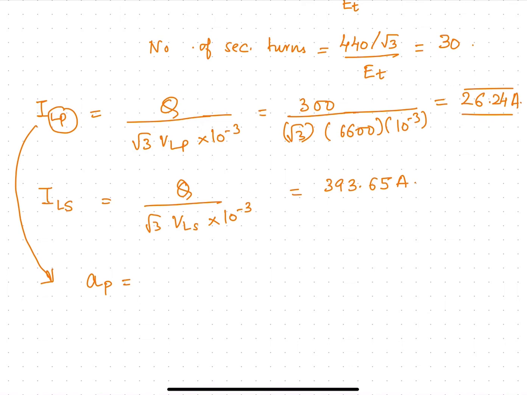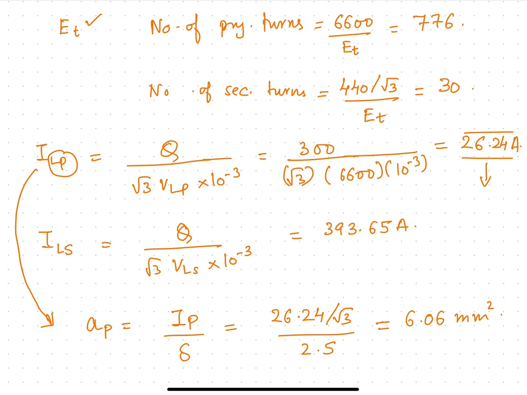So I will have to divide this by root 3. So phase current in the primary divided by delta is equal to 26.24 divided by root 3 over 2.5, and this is going to come out to be 6.06 mm squared.